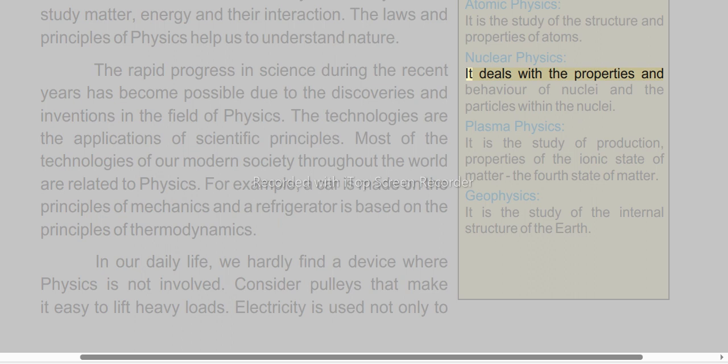Nuclear physics: it deals with the properties and behavior of nuclei and the particles within the nuclei. Plasma physics: it is the study of production and properties of the ionic state of matter, the fourth state of matter. Geophysics: it is the study of the internal structure of the earth.